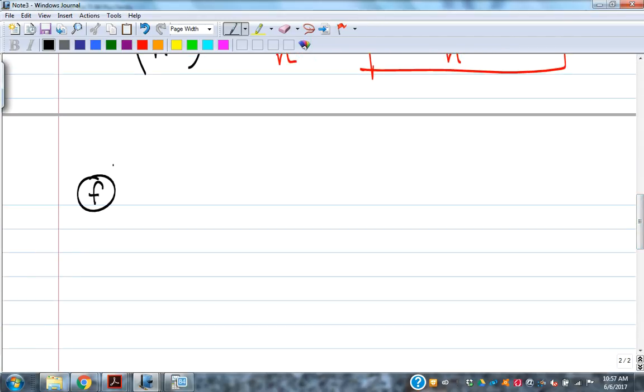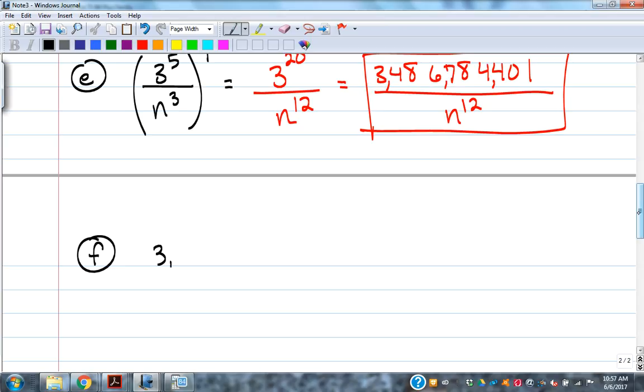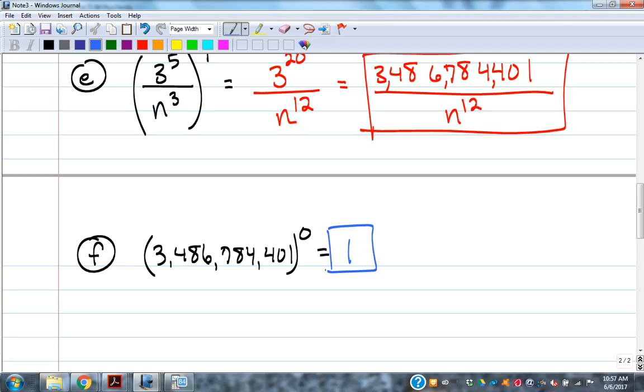Because if you have something to the 0 power, no matter what it is, it could be that 3 billion 486,784,401 number to the 0 power. It turns into 1. No matter what is raised to the 0 power, it turns into 1. Always.